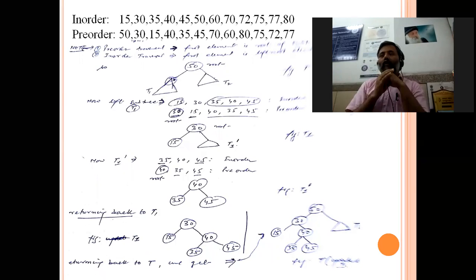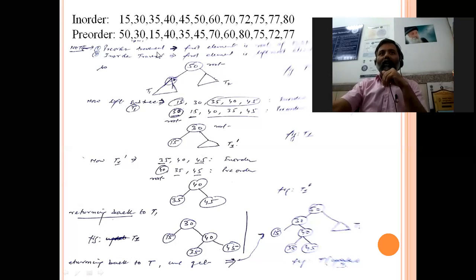We know that in pre-order traversing, the root of the binary tree will be at the first position. In post-order traversing, the root of the binary tree will be at the last position. So this is the point you should note.